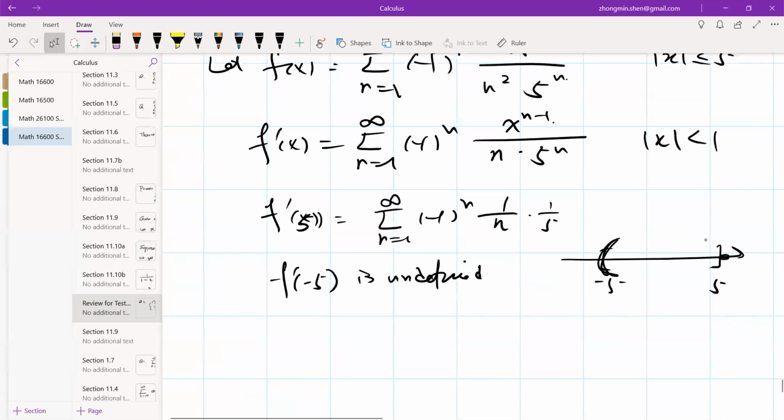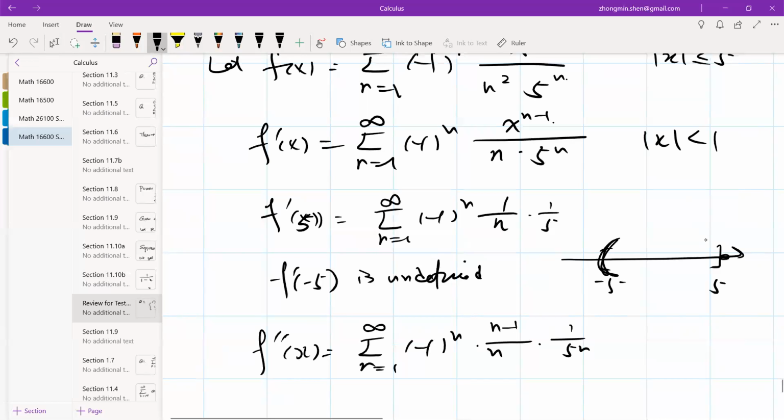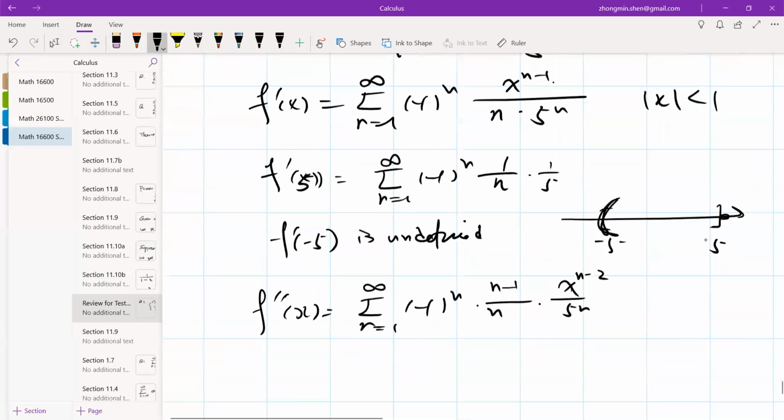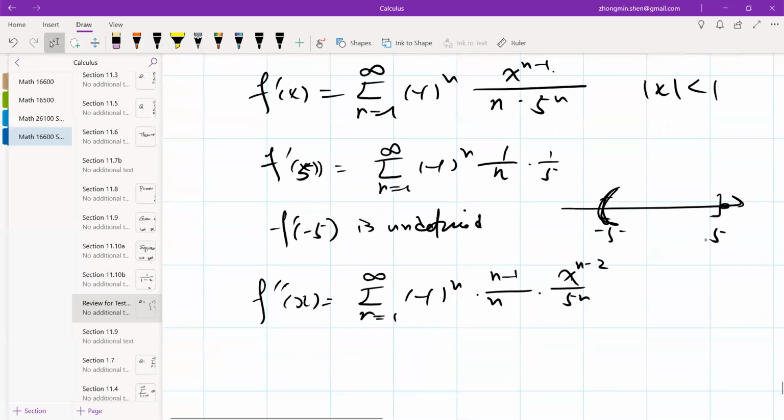Now, if you differentiate further, you will get... maybe we start from 2. For this one, the power series is not convergent at the 2 endpoints.